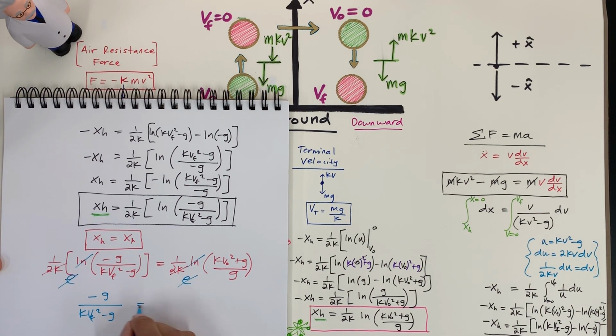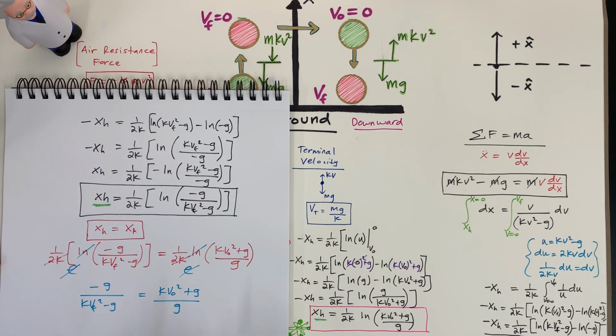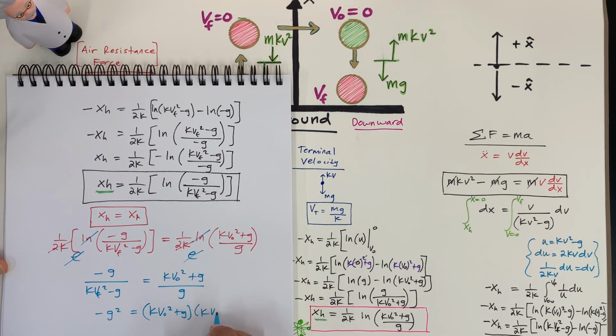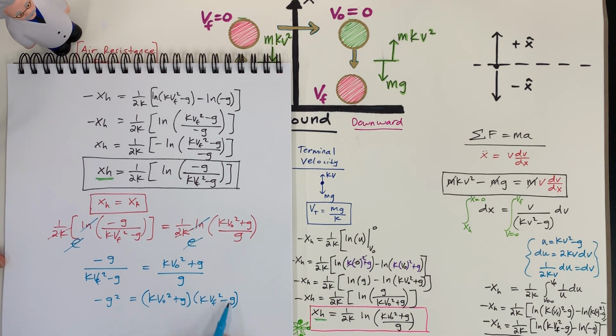And that's going to be equal to this inside here, which is k v initial squared plus g over g. So let's multiply this g and this g. So we're gonna have negative g squared, and then we're gonna pass this to this side, where we're gonna have k v initial squared plus g, and then we're gonna pass all this over, and we're gonna have k v final squared minus g. Okay, so let's FOIL this out.